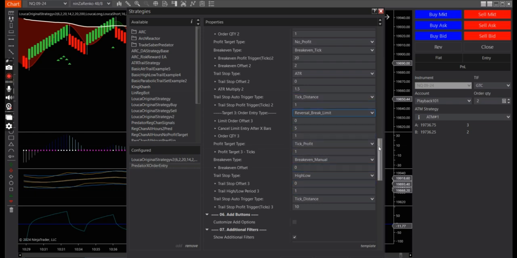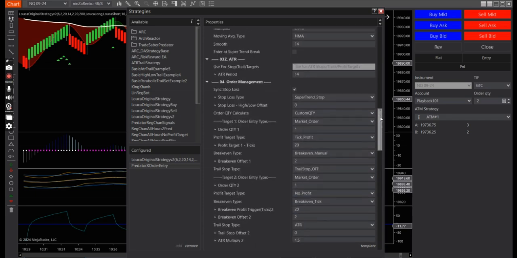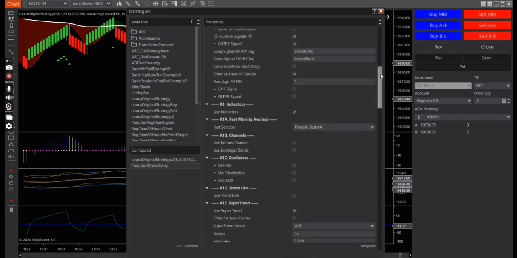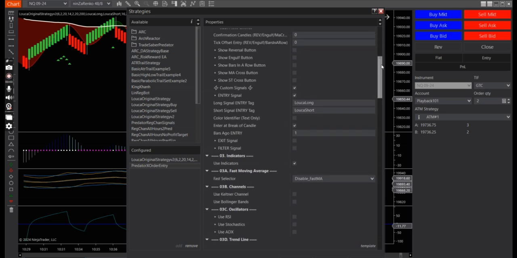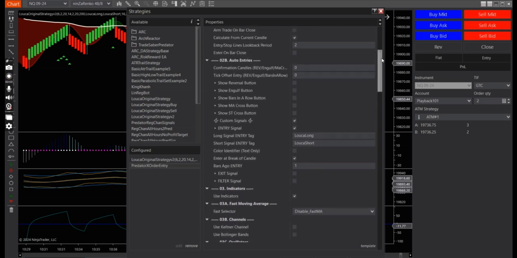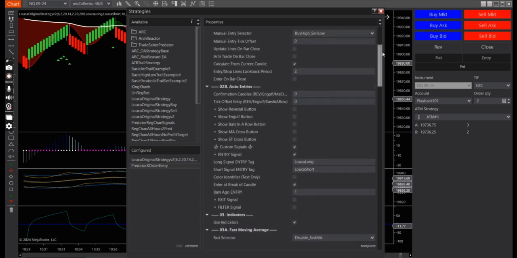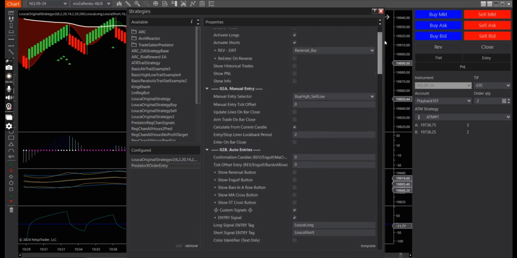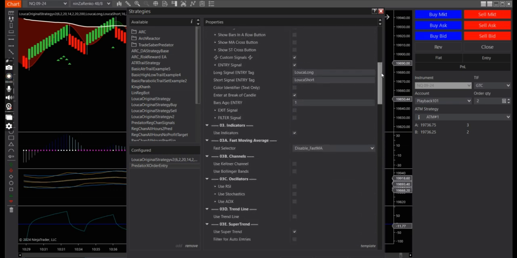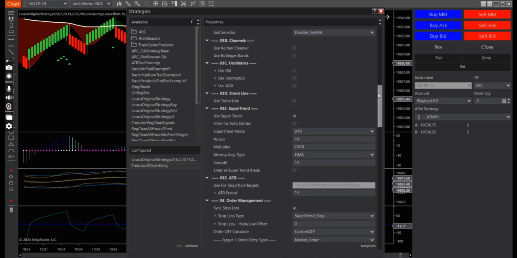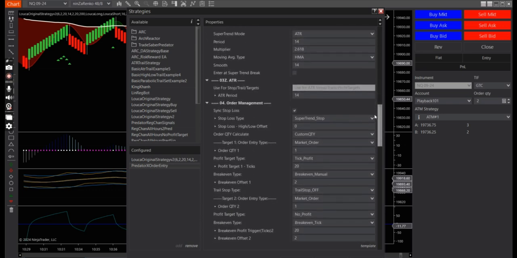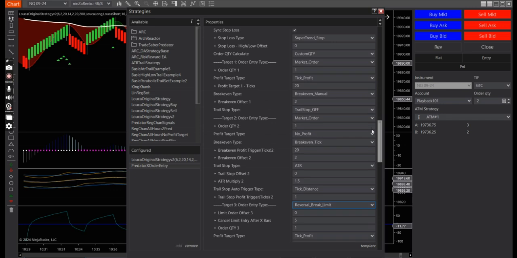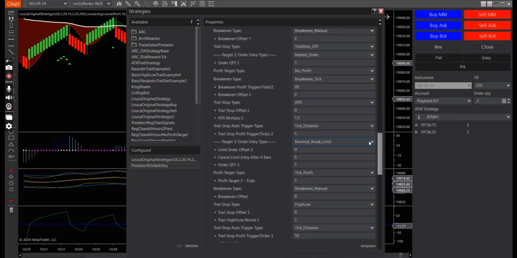with the option, let me show you the option I had added. Let's see. I think it was enter at break of candle.